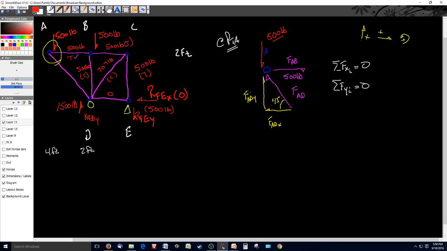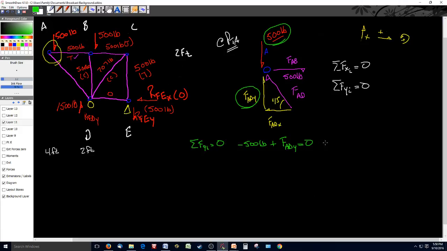So let's start out in the Y direction. I'm going to do that in green. What I've said is the summation of the forces in the Y direction has to equal 0. So what I've got in the Y direction is a minus 500 pounds, which is my weight, plus the force ADY has to equal 0.